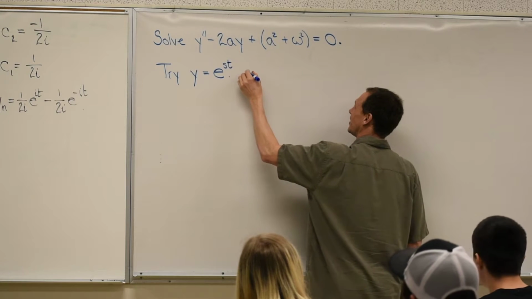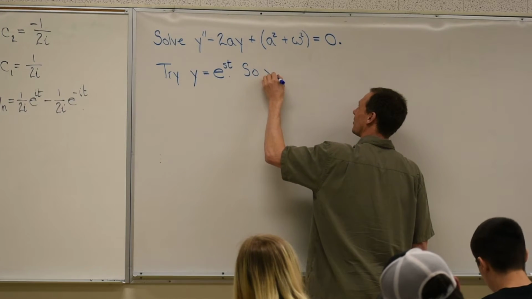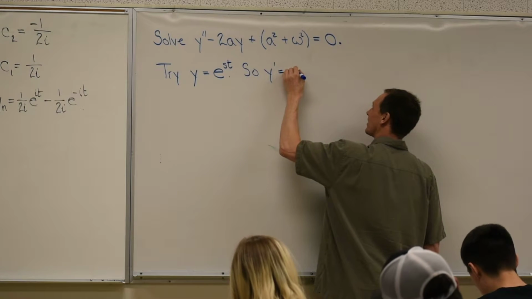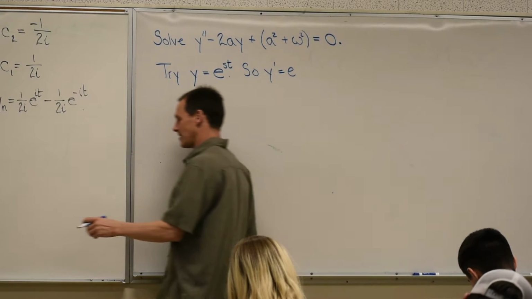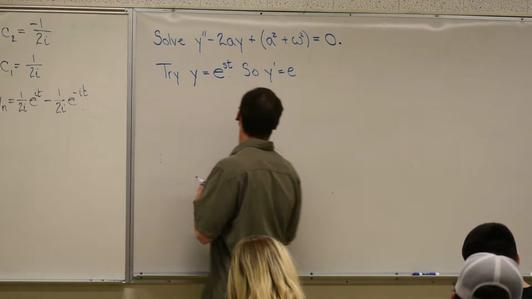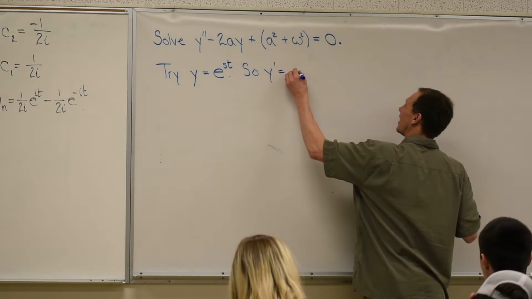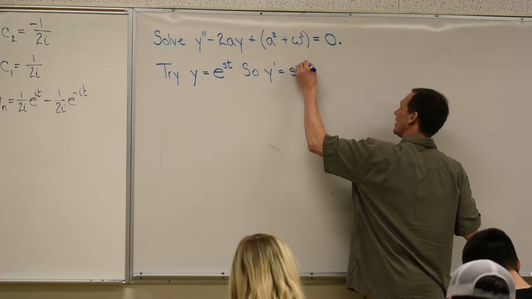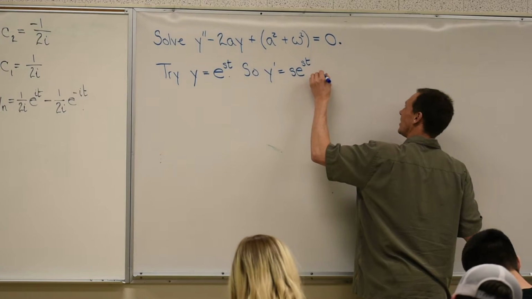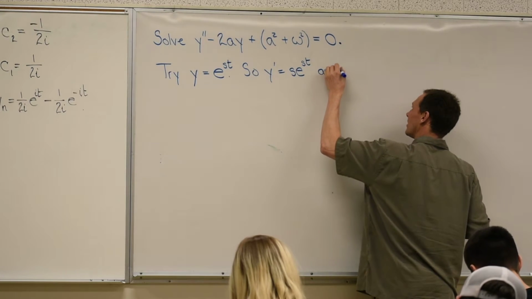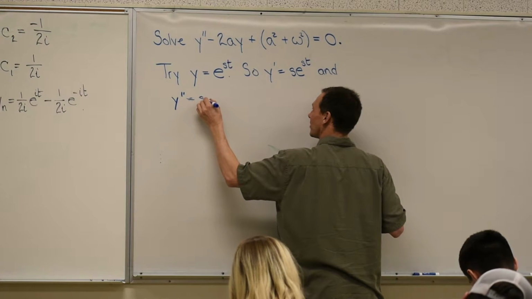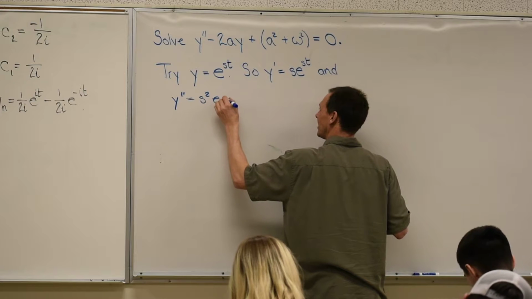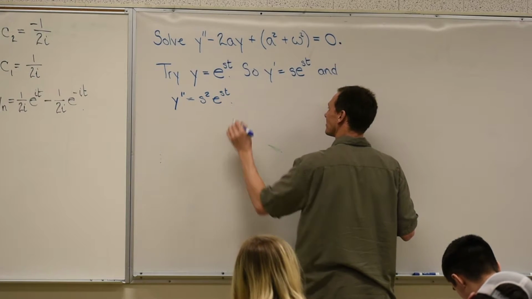Well, we already know that y prime is going to be s e to the s t, and y double prime is s squared e to the s t.